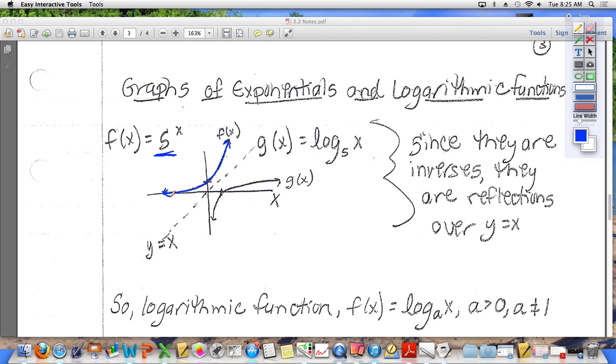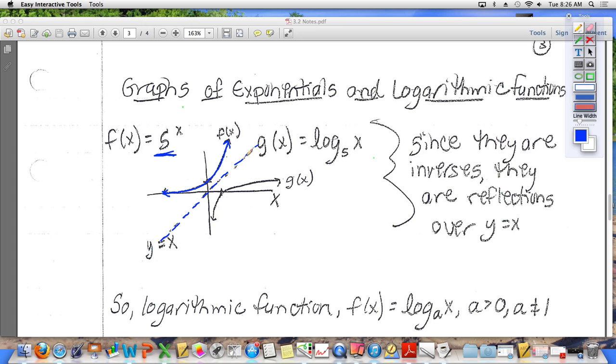Because they are inverses of each other, if you recall from two sections ago, inverses are always reflections of each other over the line y equals x. This is the line y equals x. Do you see how f of x and g of x are reflected over the line y equals x? That's what happens when you graph, for instance, 5 to the x power versus log base 5 of x.